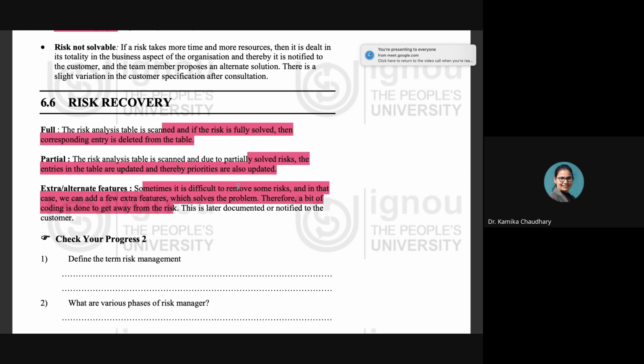You inform your customer of the situation and the alternative solutions, the extra or alternate features that could be added to the software. If you agree, we go ahead. If you do not agree, we will propose another option. So these are the three important terms in risk recovery: full, partial, and extra or alternate features.